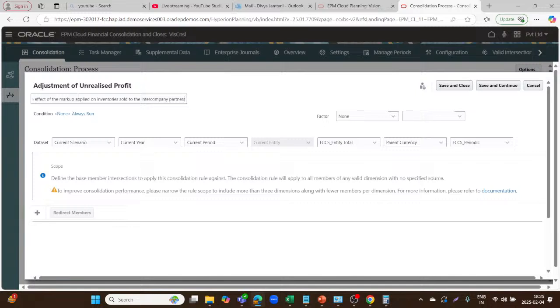Intercompany inventories sold to the intercompany partners, and you can even write here intercompany inventories are reduced with the markup value, and the intercompany cost of sales are increased with the markup value.